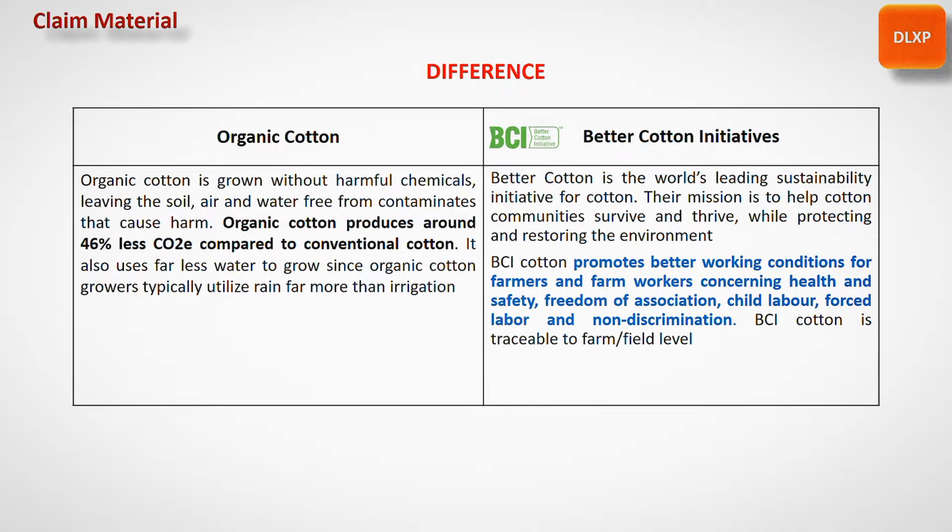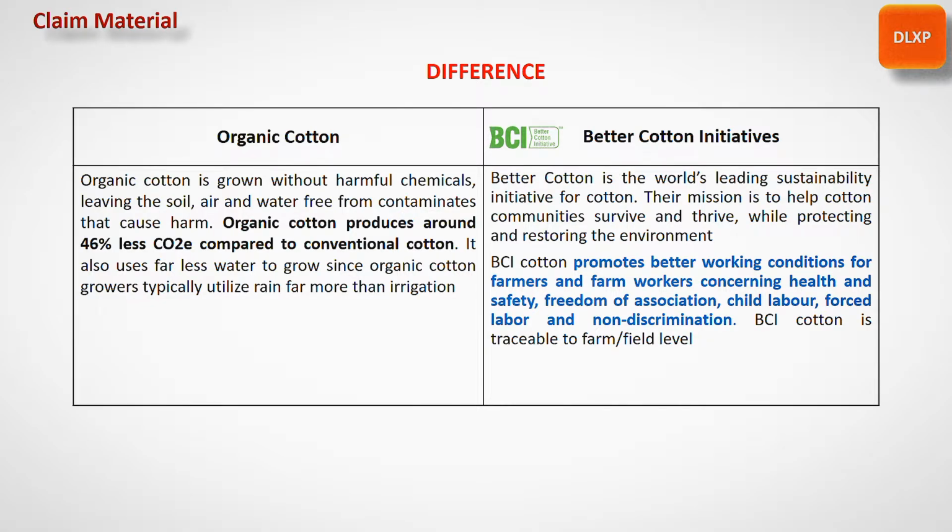BCI cotton is traceable to the farm level. So here BCI focuses more on the social aspects, covering worker protection, child labor, forced labor and discrimination. While organic cotton is totally, you can say, the environment friendly cotton. So this is the difference between BCI and organic cotton.